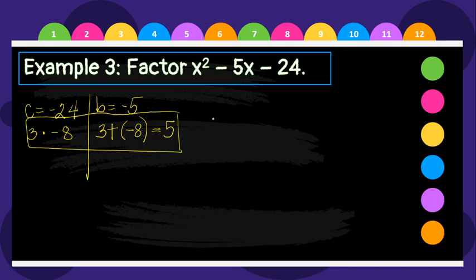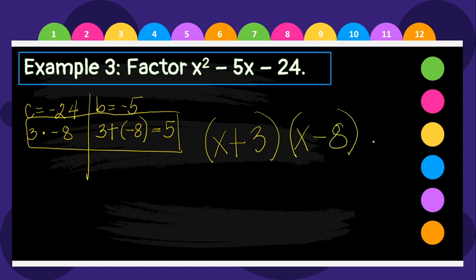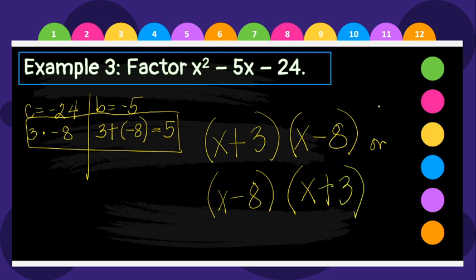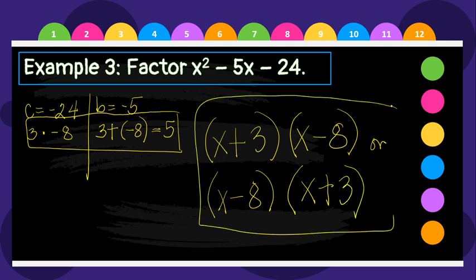We're now going to write here x plus 3 times the quantity of x minus 8, or x minus 8 times the quantity of x plus 3. This is the factored form of x squared minus 5x minus 24.